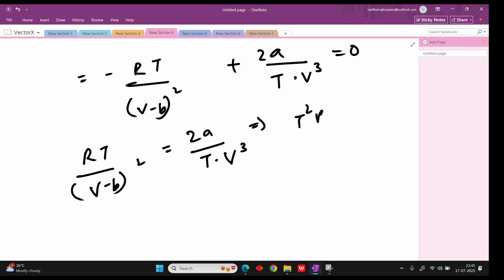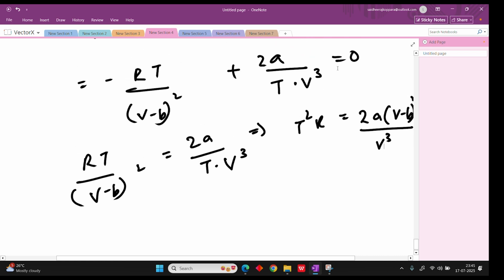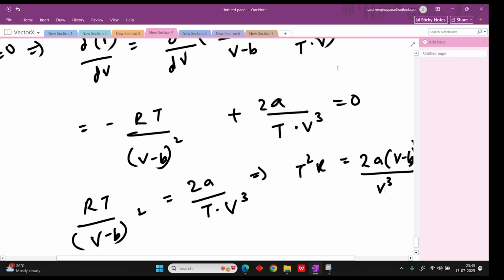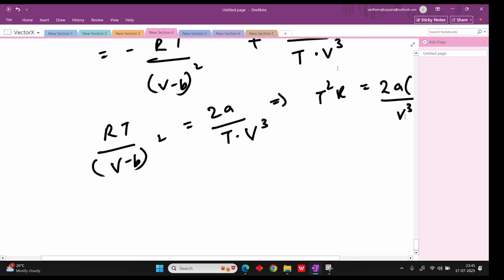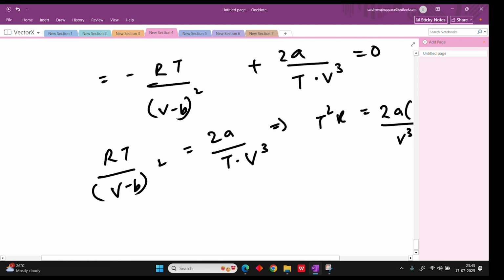That implies T square R equals 2A (V minus B) whole square by V cube. Okay, let's keep it like that. We'll get to know which equation we should actually be using.